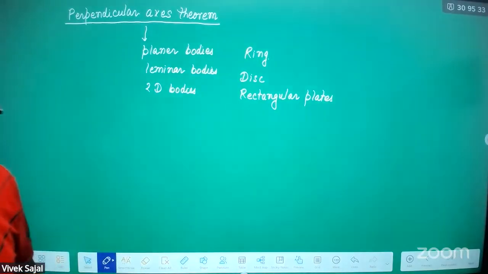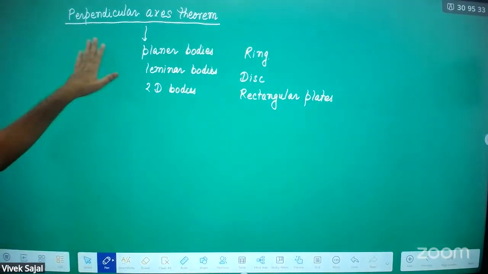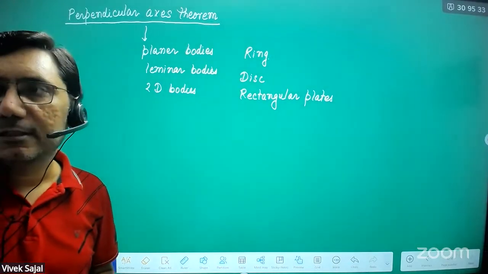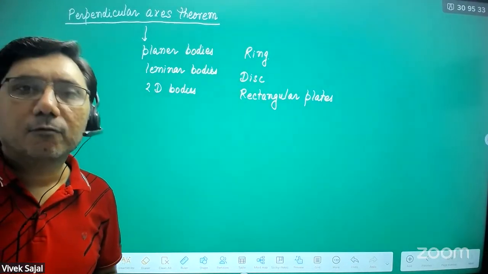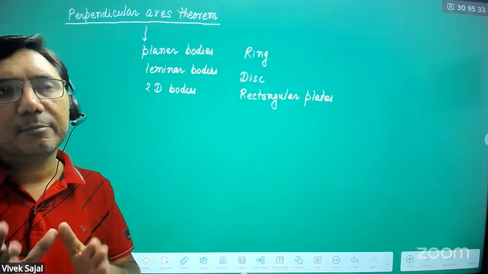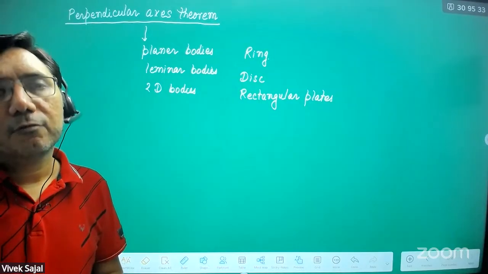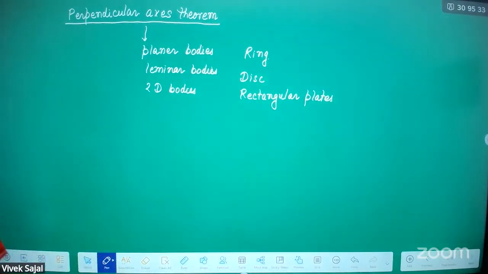You cannot apply this for 3D bodies. Remember this: you cannot apply it for 1D and 3D bodies. It can be applicable only for 2D bodies. So this is one of the most important aspects of this perpendicular axis theorem.